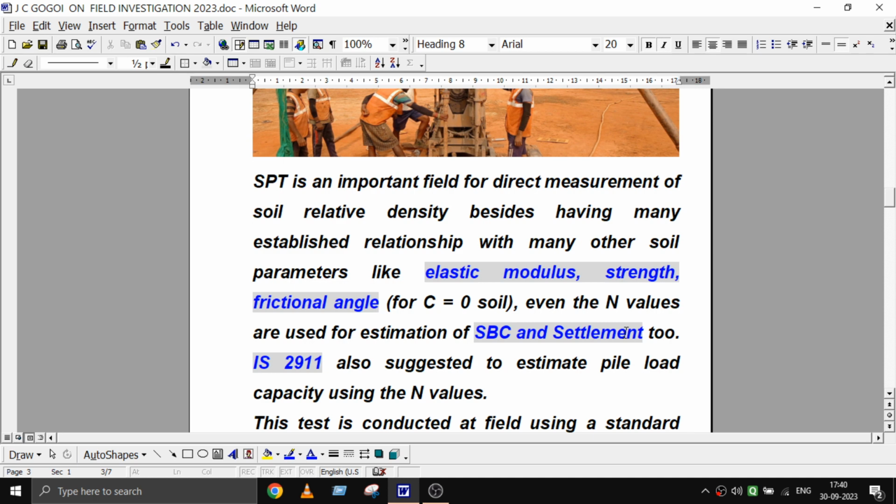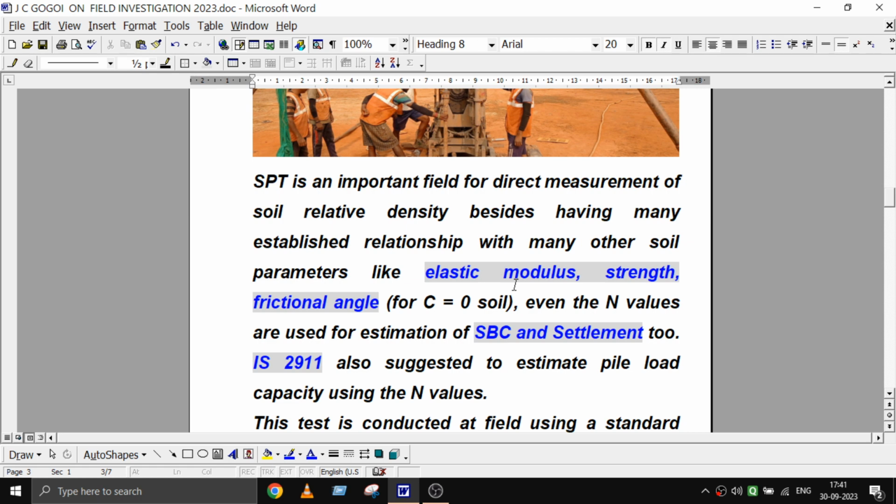And IS 2911 has suggested estimating pile foundation capacity using N value. They modified one equation, which they have suggested for the end bearing and skin resistance of pile foundation on the basis of N value. These values are for sandy soil.